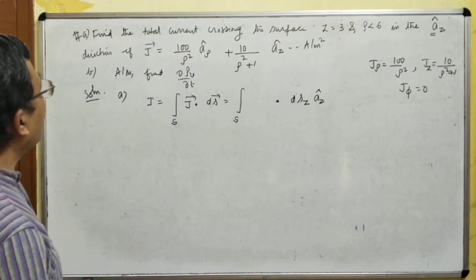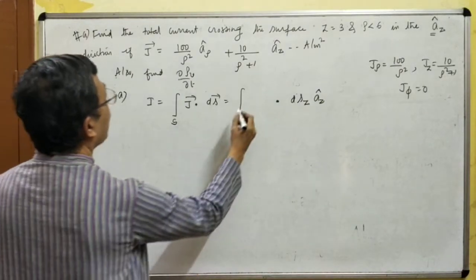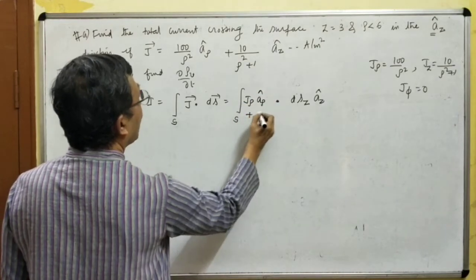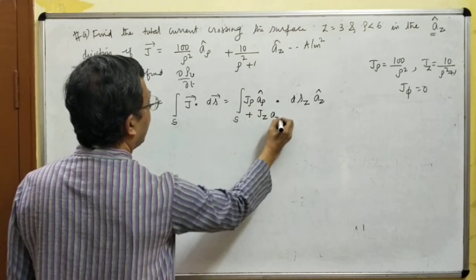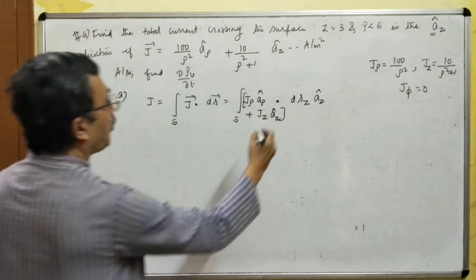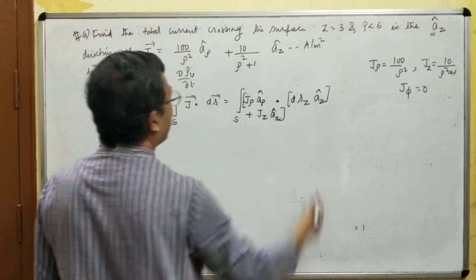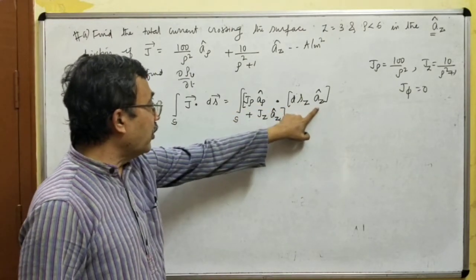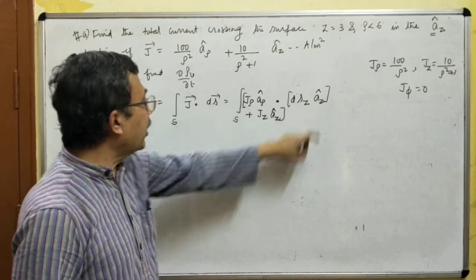Correct? And vector J is J rho A rho cap plus Jz Az cap. If you take the dot product of this vector with vector ds, A rho cap dot Az cap is 0. Az cap dot Az cap is 1.